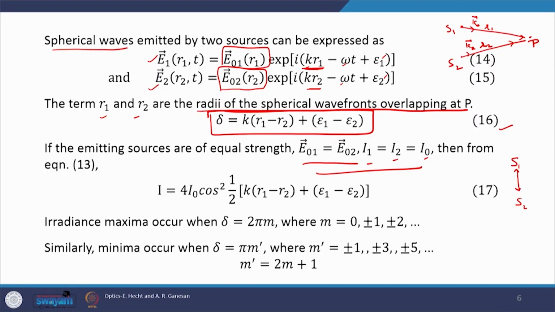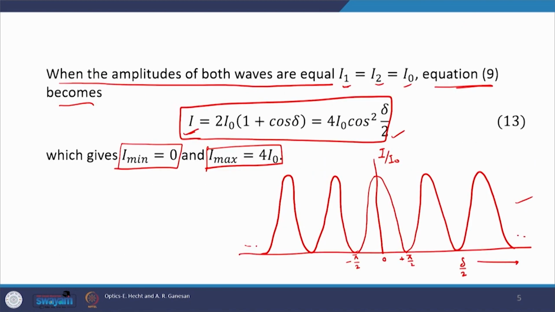The observation space of the interference pattern is quite confined. If these are the sources and this is the screen, then we are confining ourselves to this shaded region around P. If we consider this, then we will again go back to equation number 13.